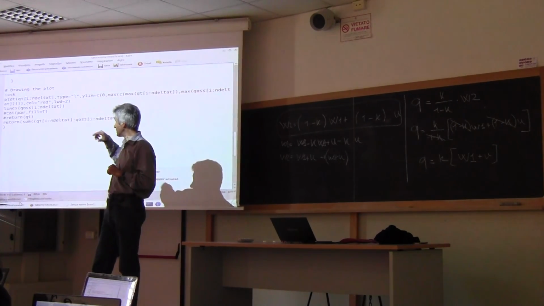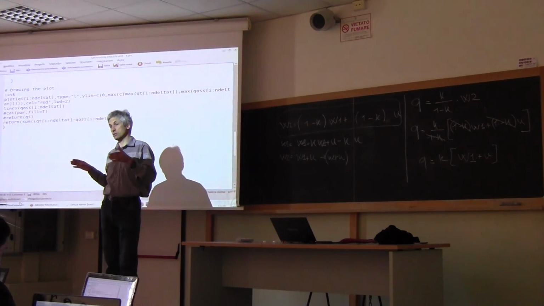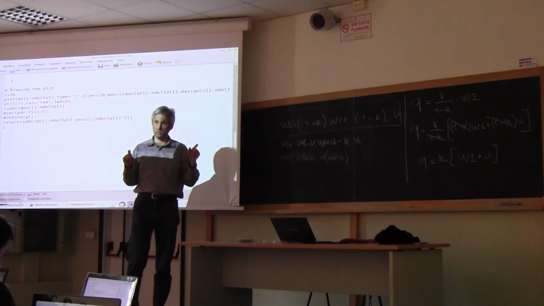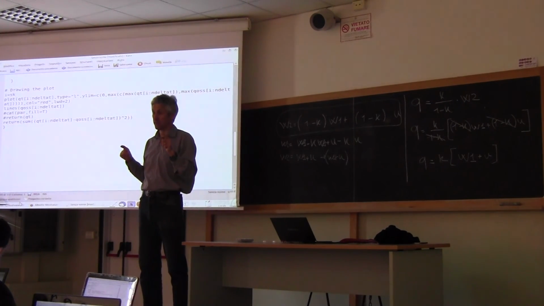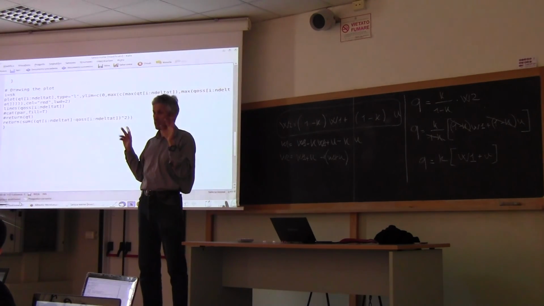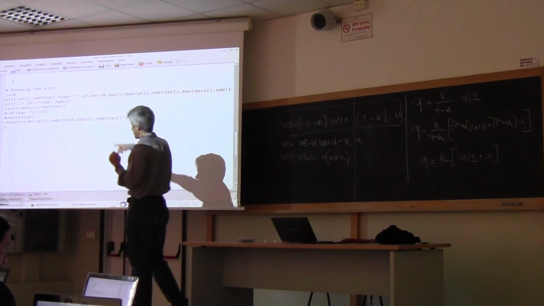And then the return instruction, it's an instruction that tells the function to give back some variables. Remember that all the variables that you are using into the function are not kept by R. They are cancelled out after the function is finished. And this is a smart decision because, you know, it's a way to keep the memory clean. But if you want that some variables are kept, you have to use the return instruction.